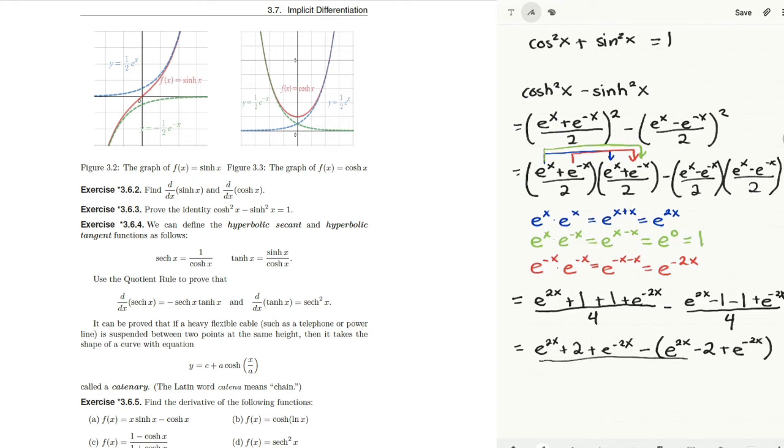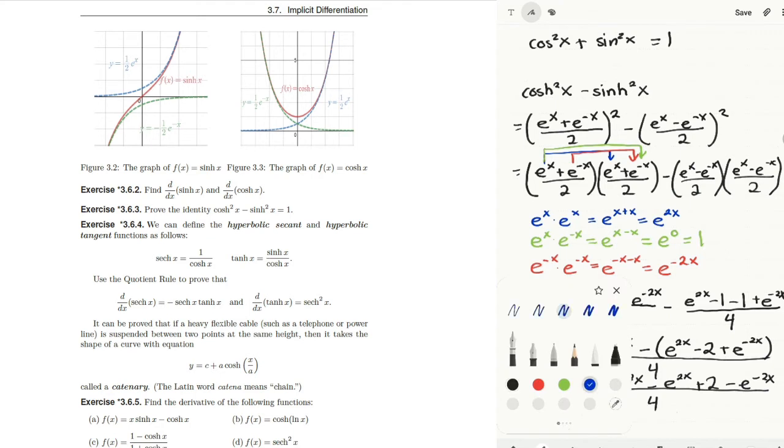So here the brackets are important because the negative will distribute through the brackets. So if we distribute the negative, we end up with e to the 2x plus 2 plus e to the negative 2x minus e to the 2x plus 2 minus e to the negative 2x. And this is all over 4.